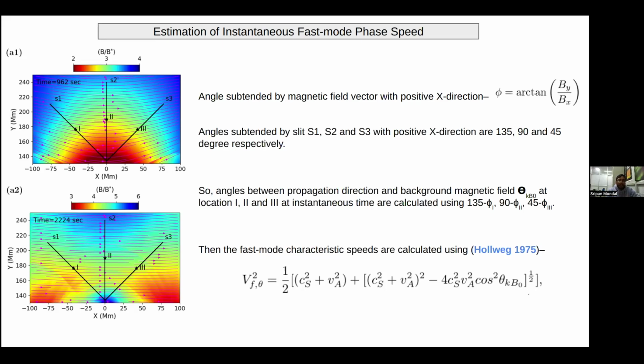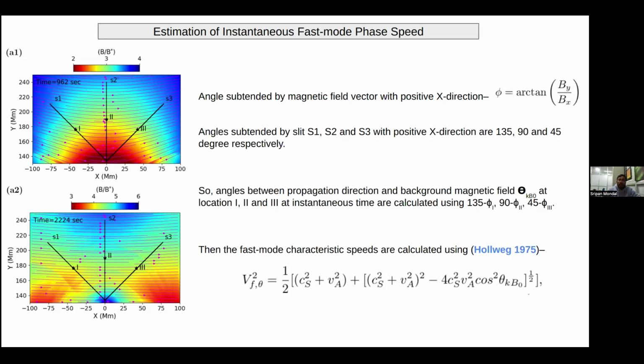Finally, we calculate the first mode characteristic speed with this empirical formula as provided by Holloway 1975, using the instantaneous values of Cs, Va and theta kV to find out the first mode characteristic speed at each time.